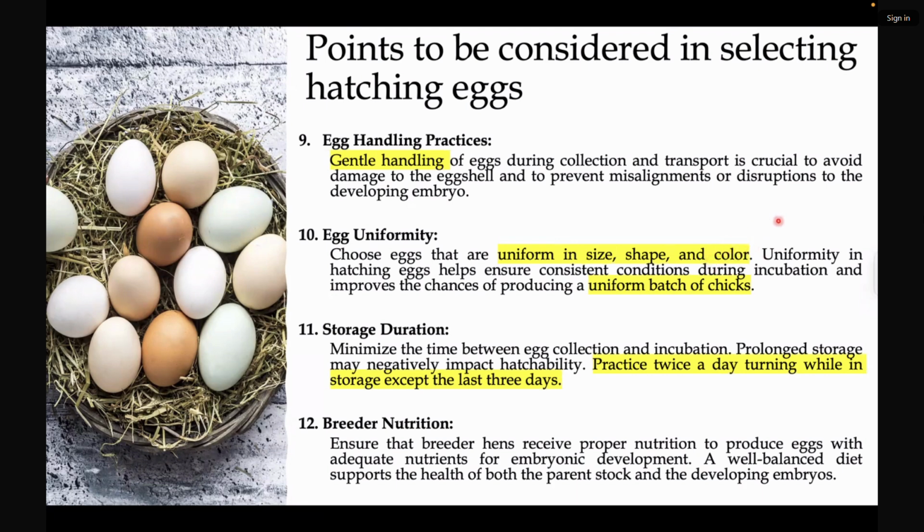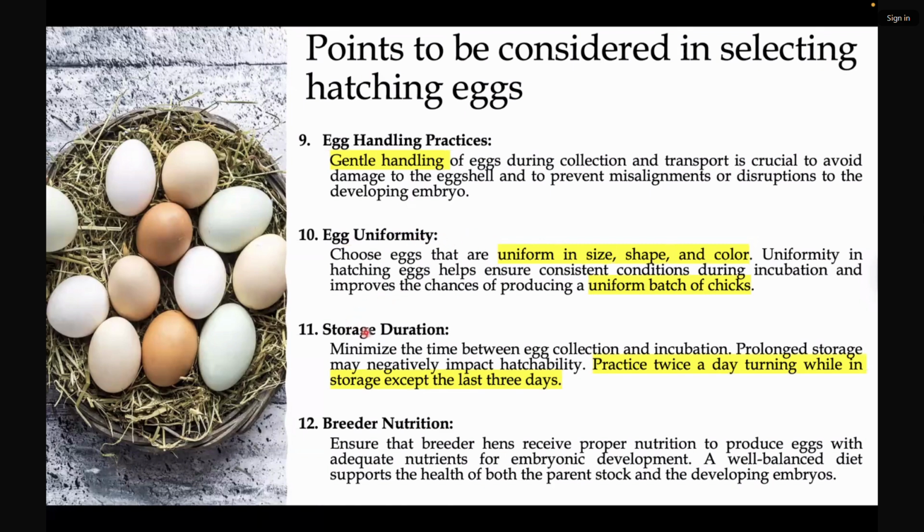If we have different eggshell colors, that means the thickness is different, and the handler may have some difficulty in handling two types of eggs. And also when the hatch out comes, there is less uniformity if we have different shape, size and color of eggs.